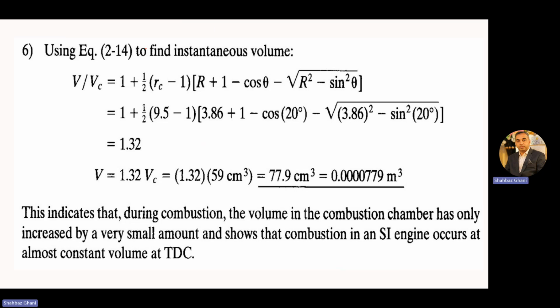Now, finding the instantaneous volume when theta is at 20 degrees, in non-dimensional form, we find the volume is this much. This indicates that during combustion, the volume in the combustion chamber has only increased by a very small amount, and shows that combustion in an SI engine occurs almost at constant volume at TDC.